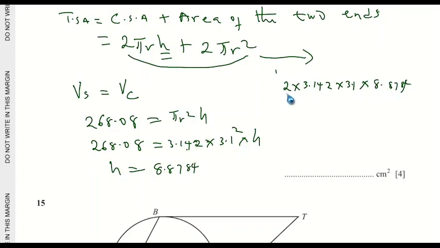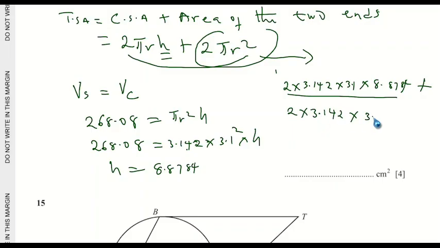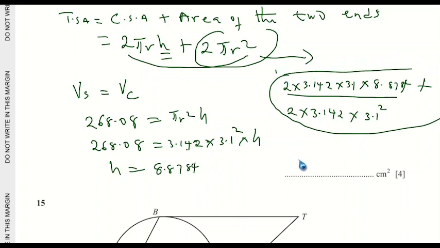So this is the curved surface area, plus this part now, which will be 2 times 3.142 multiplied by 3.1 squared. If you input all of this into your calculator, because you don't have to waste any time, you will get 233 centimeters squared. That is to 3 significant figures.